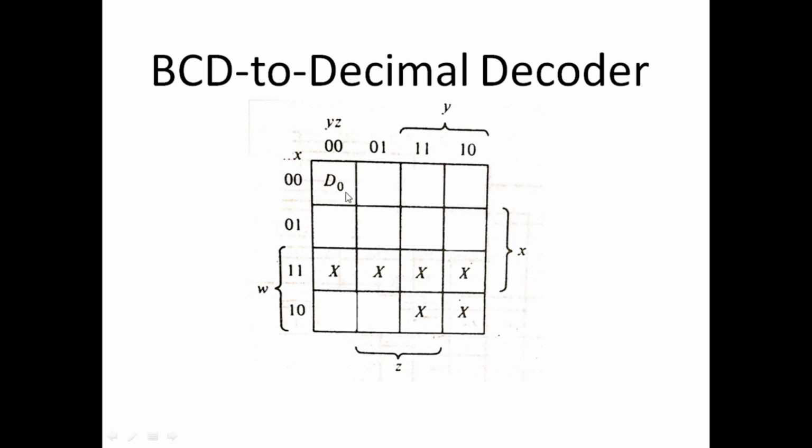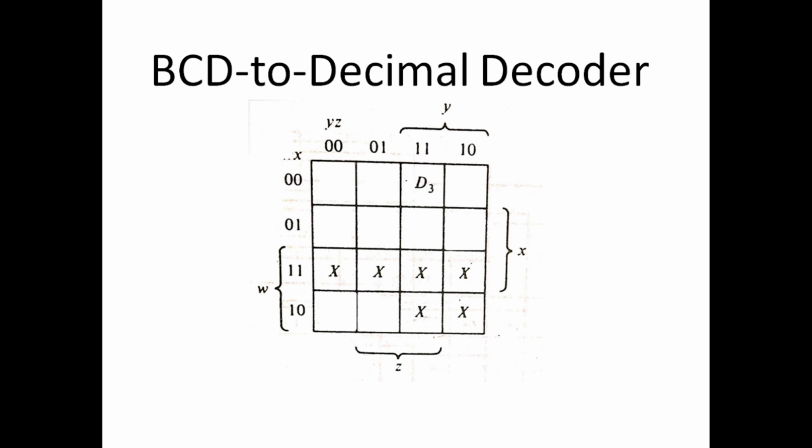So for the Kmap and BCD to decimal decoder, the map for D0 would look like this. This square would be 1, which is represented with D0 because we are using a single map, and all the empty squares would be 0 and these squares are don't care conditions. Similarly, if we would be using a Kmap for D1, then only the square related to the D1 minterm would be 1, which is represented with D1 just to differentiate it from other minterms and other Kmaps, and all the empty squares would be 0 and the don't care conditions are the same.